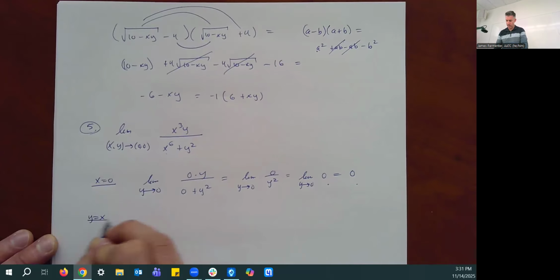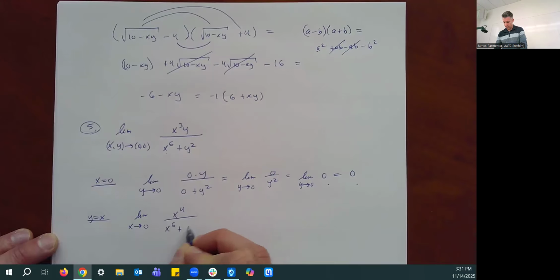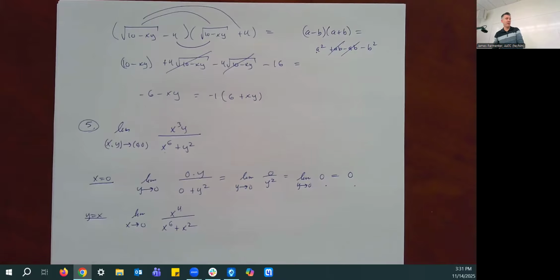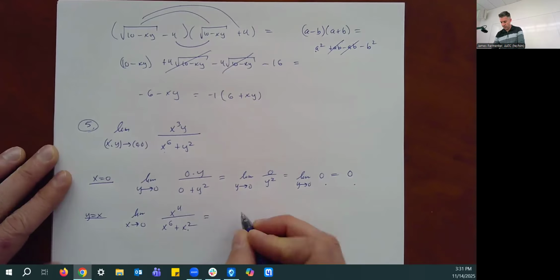y equals x, let's see what happens. You get the limit as x goes to 0 of x cubed times x, which is x to the fourth, over x to the sixth plus x squared. And if you plug it in right away, you're still going to get 0 over 0. Here, you have to do some factoring. You typically have to look for and identify the smallest power of x. So I see that I have an x squared there, so I'm going to factor out an x squared from the bottom.